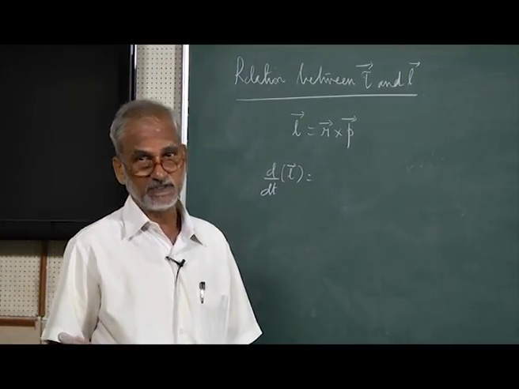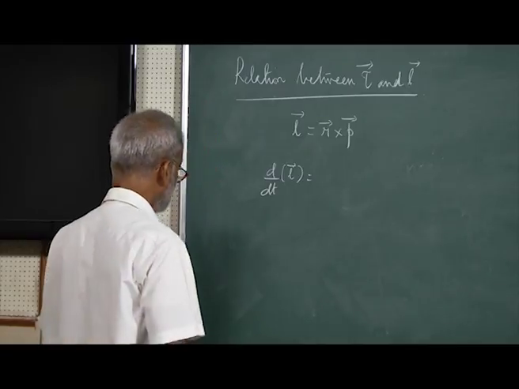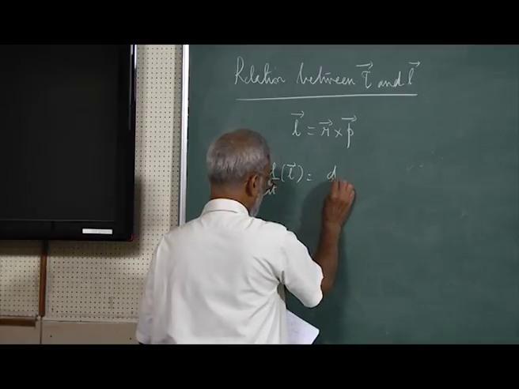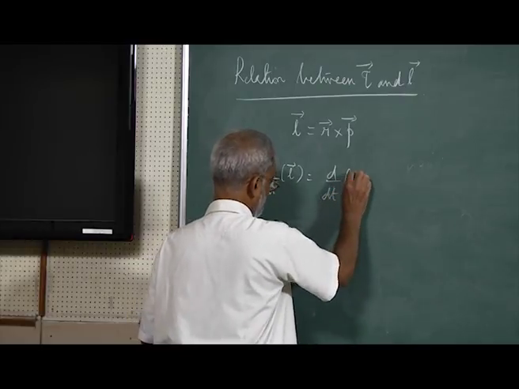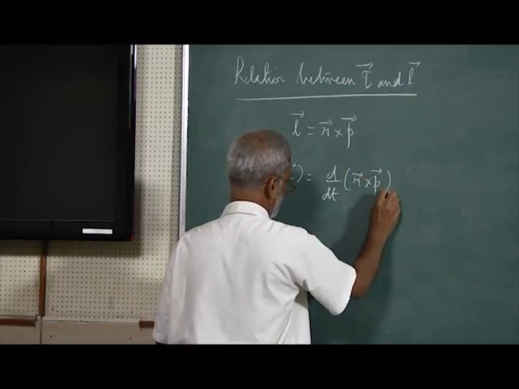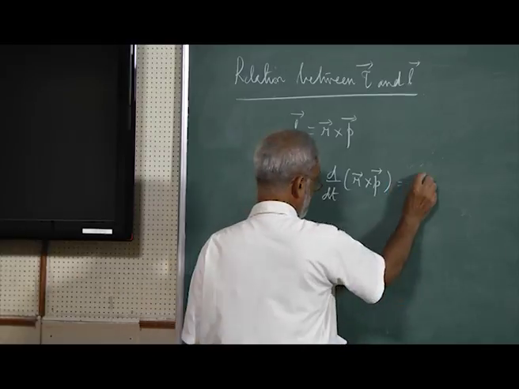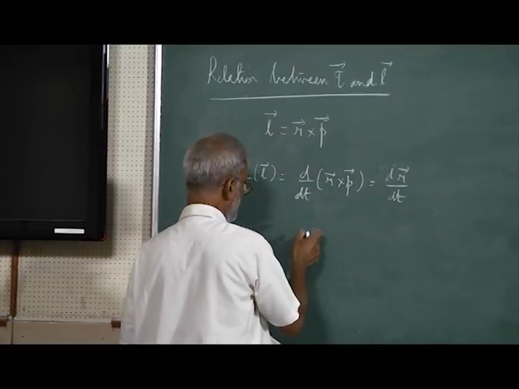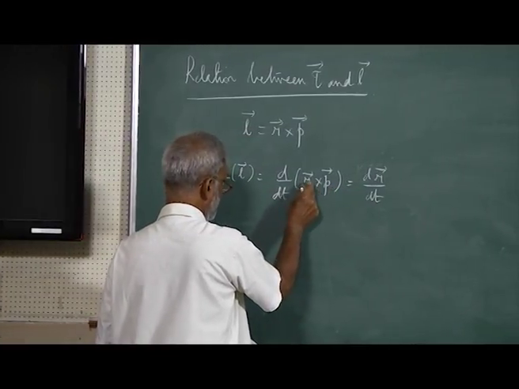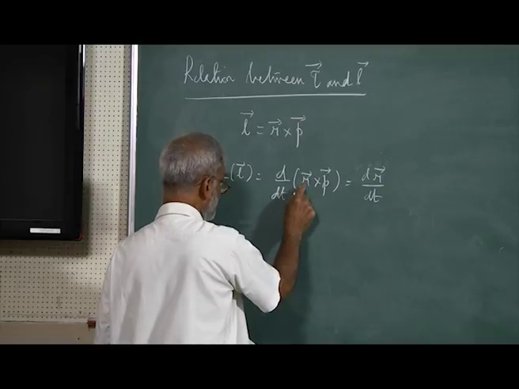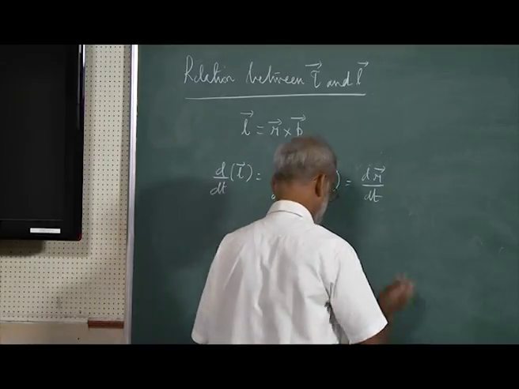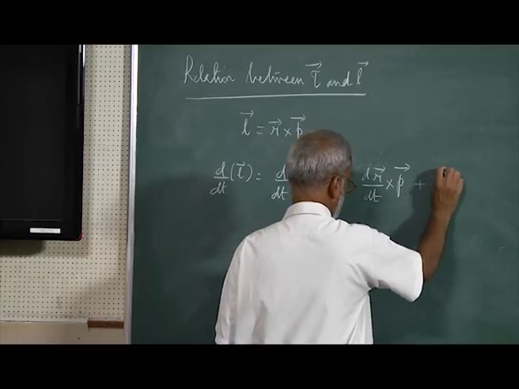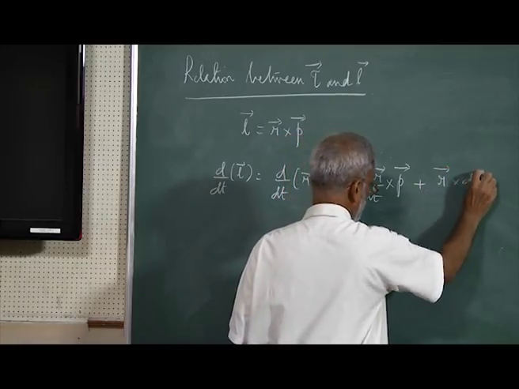Therefore, there is meaning in talking about dL by dt. This is d by dt of r cross p, which is equal to dr by dt cross p, because the derivative is distributive: keep this constant and differentiate this, plus keep this constant and differentiate this, plus r cross dp by dt.